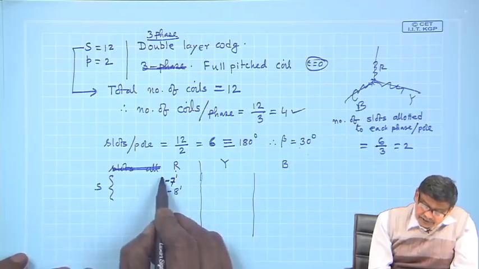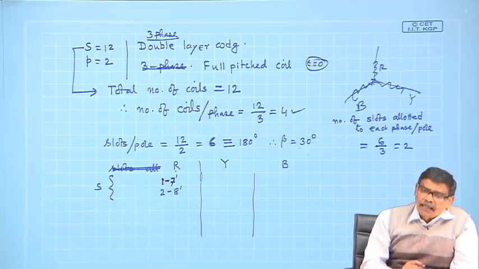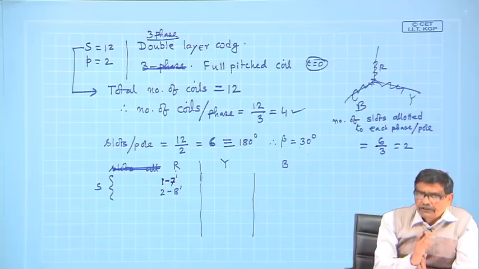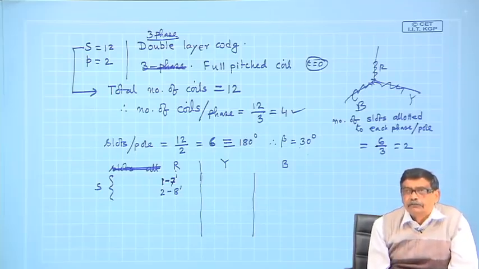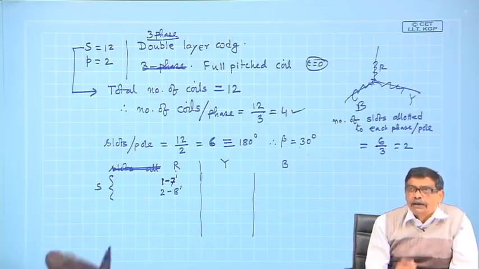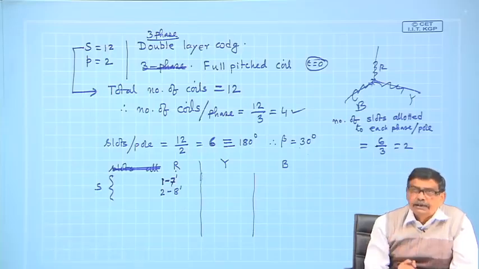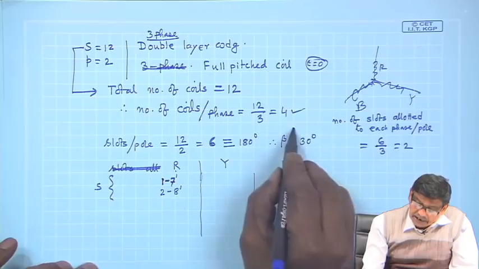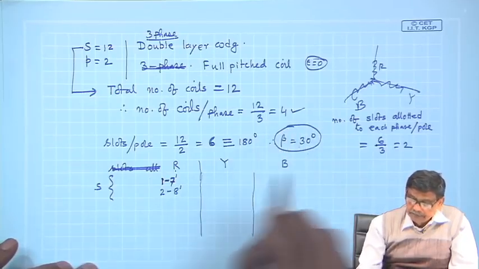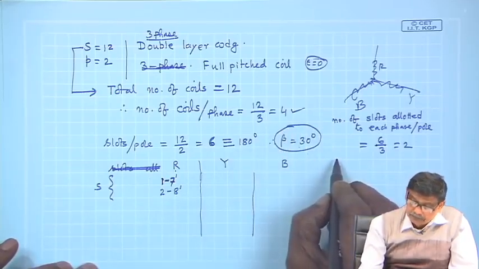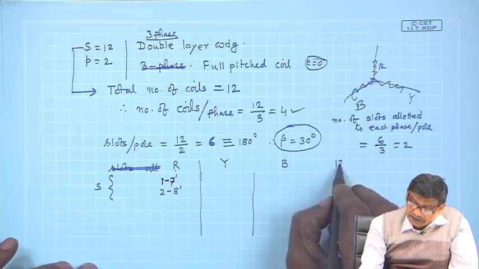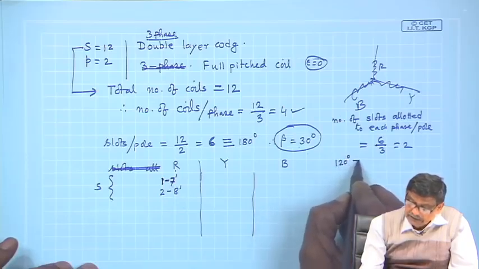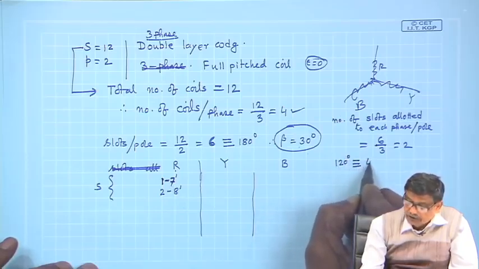Now, this is the starting of R phase. Y phase should be displaced from R phase by 120 degrees electrical. Now, beta is 30 degrees, therefore 120 degrees is equivalent to 4 slots.